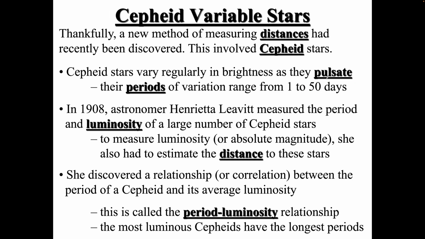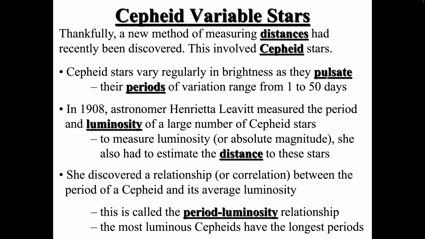Thankfully, they came up with a new method of measuring distances. You can see how astronomers and scientists overcome these challenges, right? This discovery of a new method of measuring distances is what helped to resolve this issue.